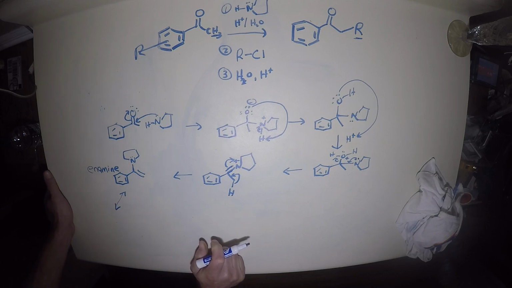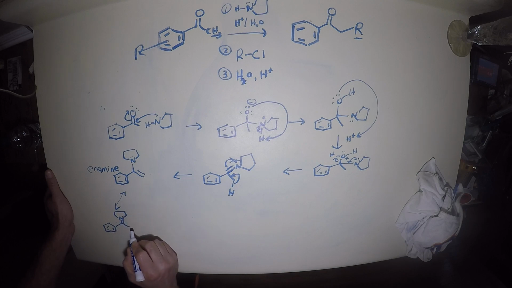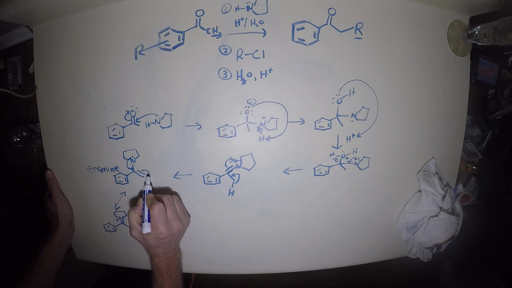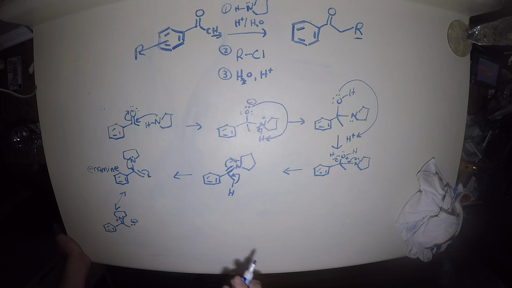We can draw an equivalent resonance contributor of our enamine, which shows that it has significant negative character on the alpha carbon now, by using the lone pair on the nitrogen, like so.